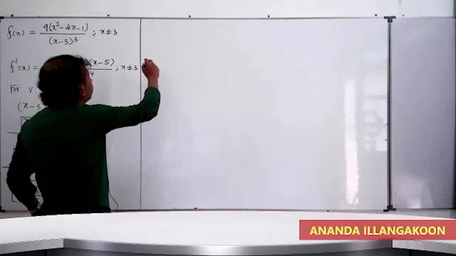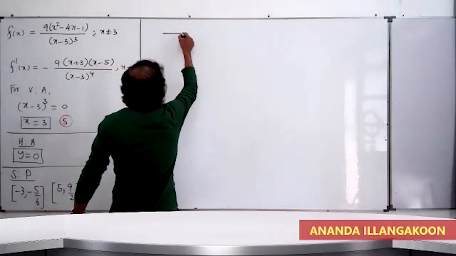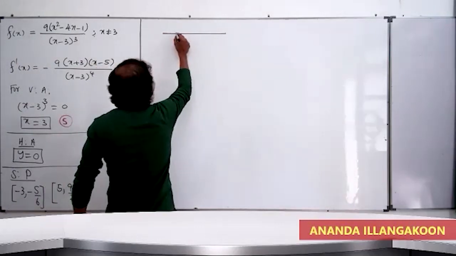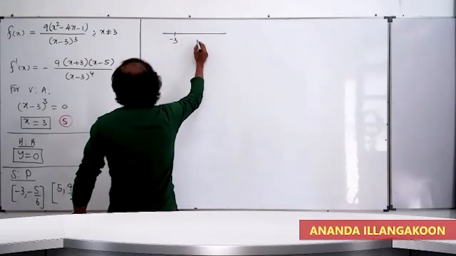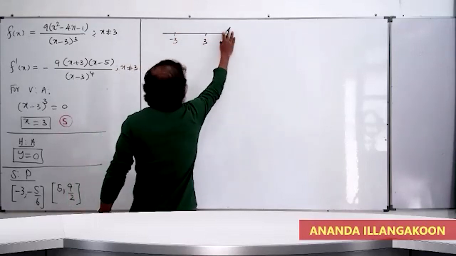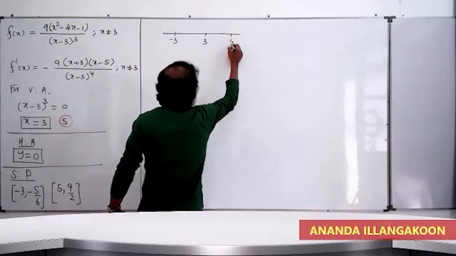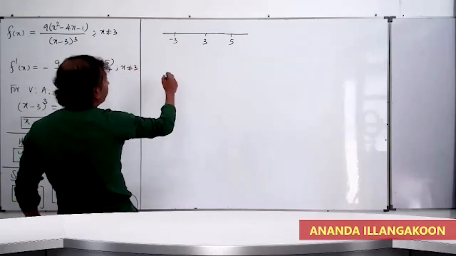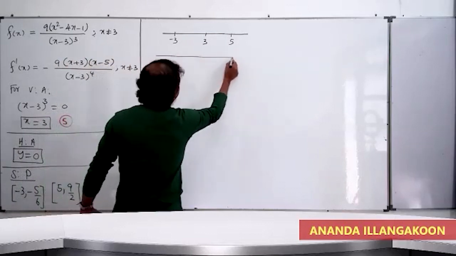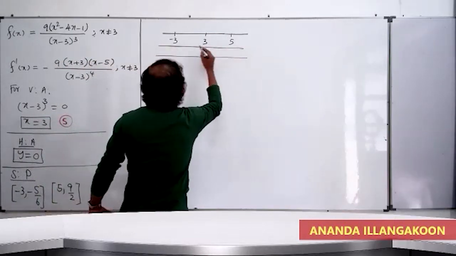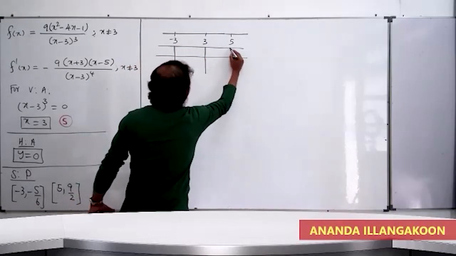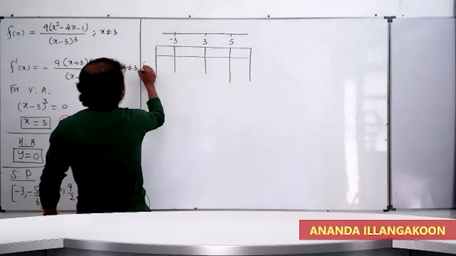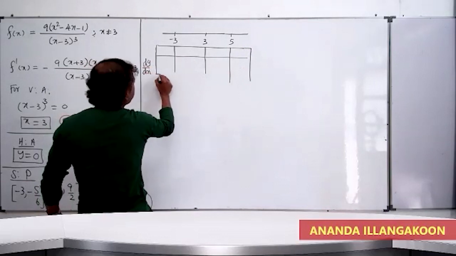Okay, now the table. We have to put minus 3, plus 3 and plus 5. Plus 3 is the vertical asymptote; minus 3 and plus 5 are stationary points. This is the table for dy by dx or f dash x.